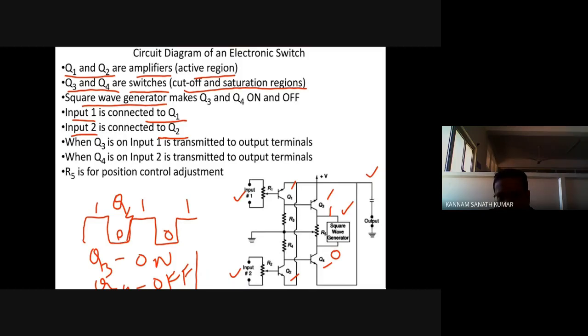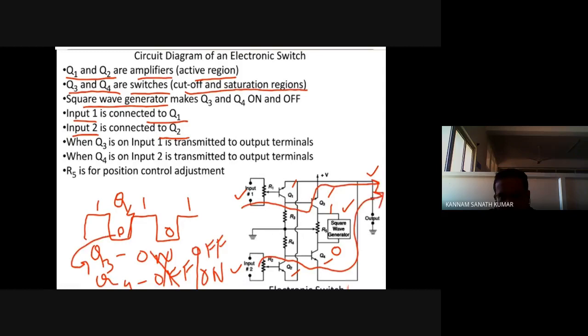Next, when it is 0, Q3 is off and Q4 is on, so the signal is transmitted through channel B, and not to channel A. At a time, only one channel is connected to the vertical amplifier. That is decided by our electronic switch, which is one of the important topics.